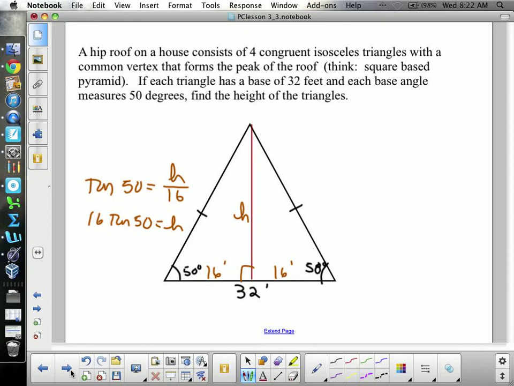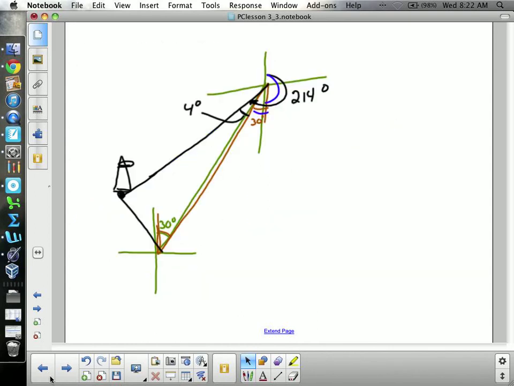Number 8, they've already drawn the triangle. 11 and 12, they've already drawn things for you. 9 and 10 are hip roofs, and I've just given you that triangle. I don't think you're going to struggle too much. Don't panic about this one.